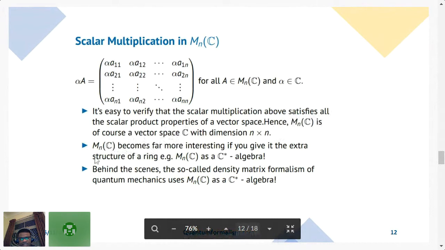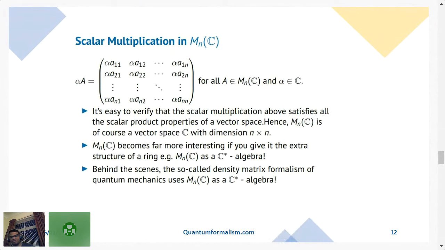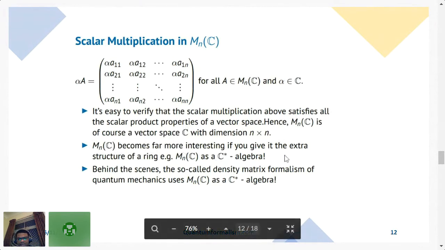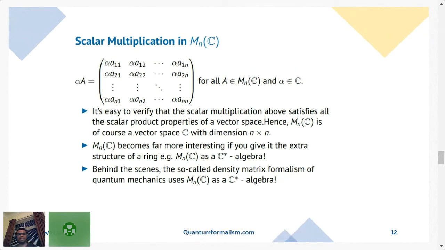A very interesting thing. This is the most interesting part of this. This is one of those quantum hints. I want to go into a discussion about this. I might add one extra session after we go through the Hilbert spaces on this concept of C-star algebra. This is very important because in the so-called density matrix formalism of quantum mechanics, the state is not, as in the standard textbook, where they say a state is a vector in a Hilbert space. That's a pure state.